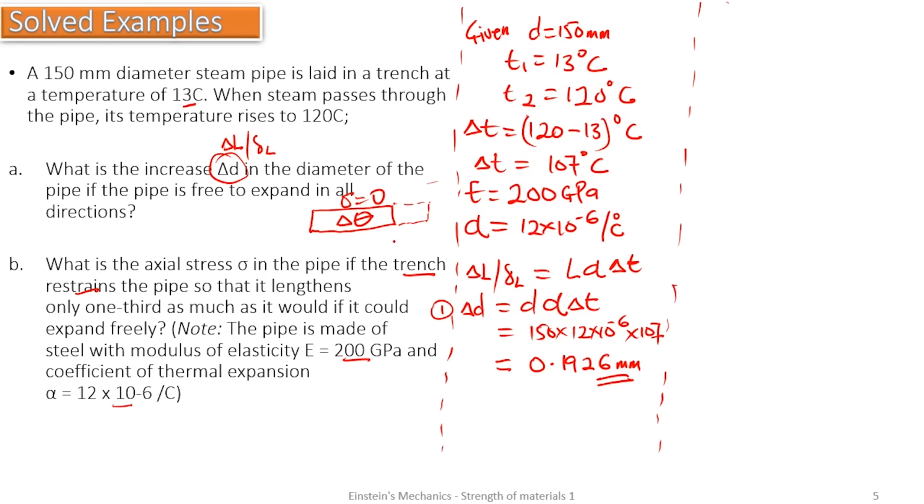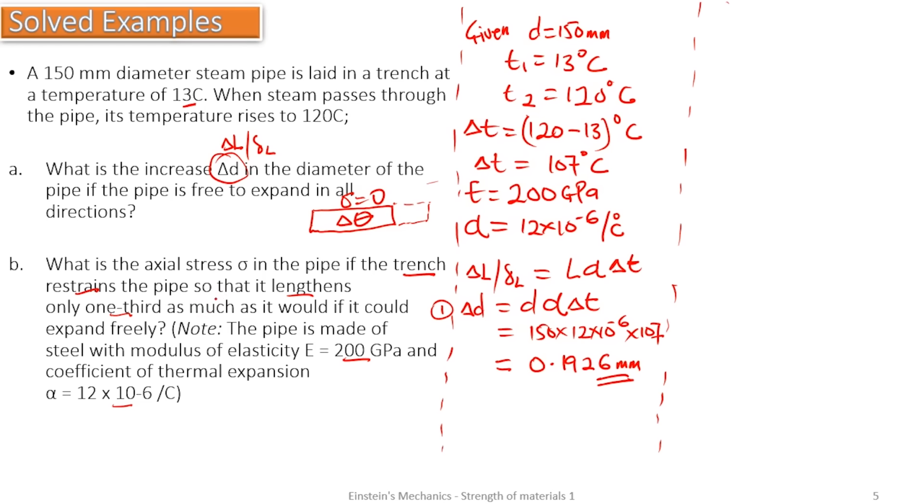But if partially restricted or fully restricted, meaning stress is going to be induced in the system. So looking at the question, they're trying to restrain the pipe from expanding on its own. So its length is only 1/3, meaning there was an amount which wasn't free to expand. And that amount is going to cause a stress in the pipe.